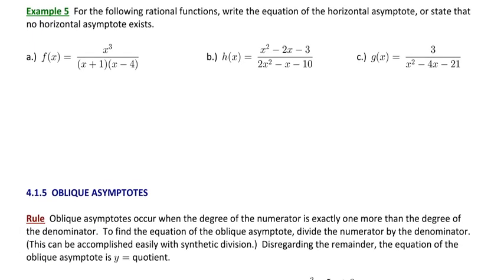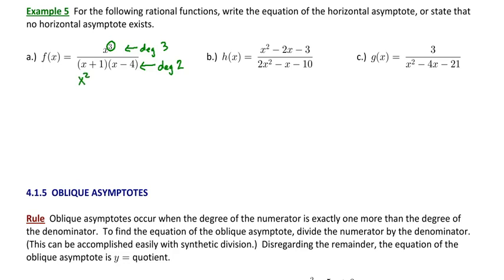For the following rational functions, write the equation of the horizontal asymptote or state that no horizontal asymptote exists. So on example A, we have the function f of x. Notice the degree of the top is 3, and the degree of the bottom, if we were to multiply it out, would be 2. The highest powered term there would be degree 2.